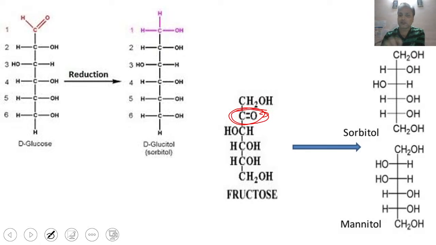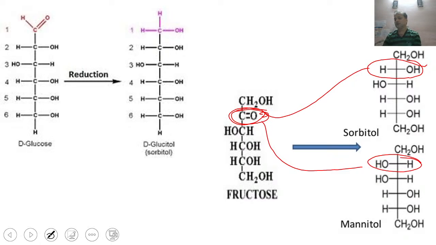Just look at only this carbon of fructose: if this carbon after reduction gives this type of structure, it will be sorbitol. And if this carbon gives this type of structure, it is called mannitol. So both possibilities are there, both types of compound can be formed. That's why we get two kinds of alcohols when fructose is reduced.